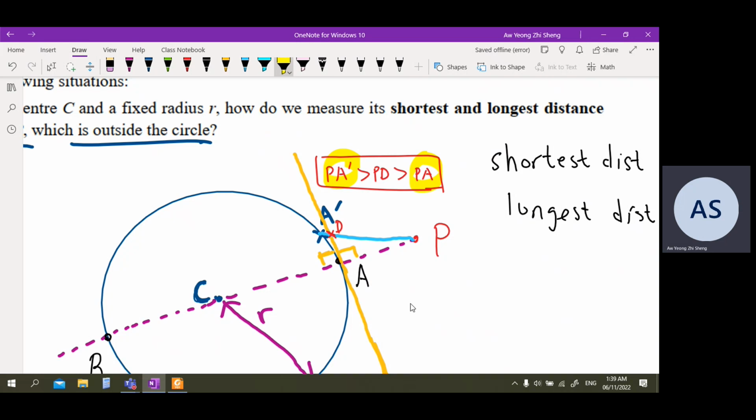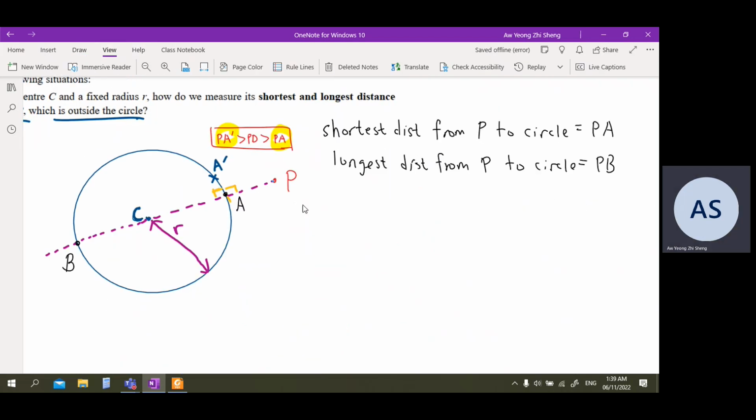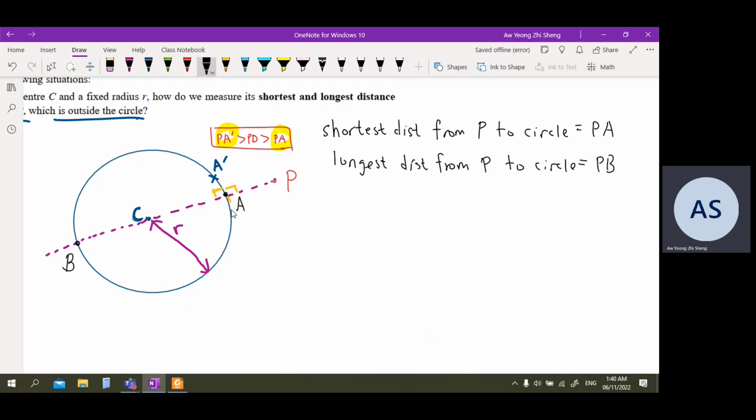And so this explains why we must take the distance PA as the shortest distance from the point P to the circle. If you take any other point on the circumference of the circle which is not A and connect it to P, that distance must always be longer than AP.